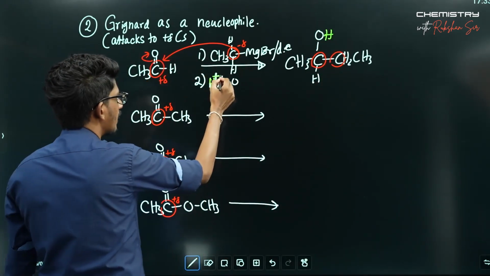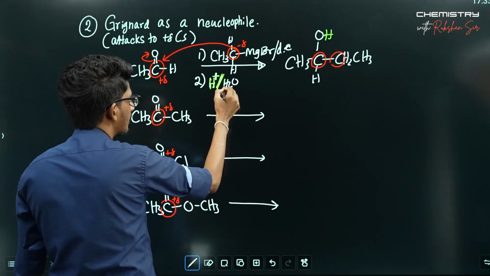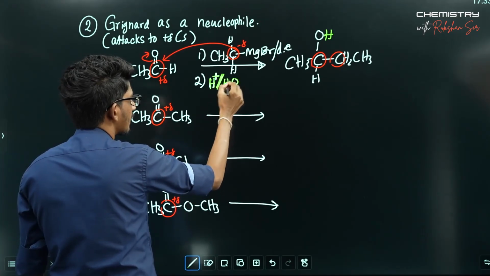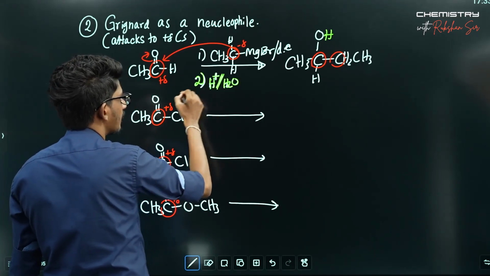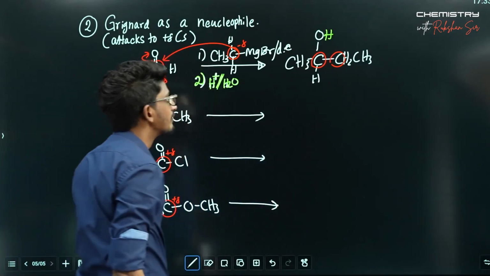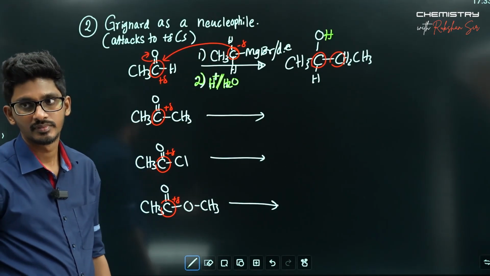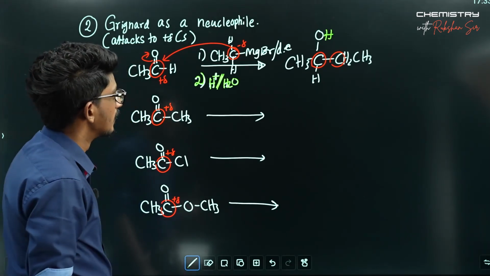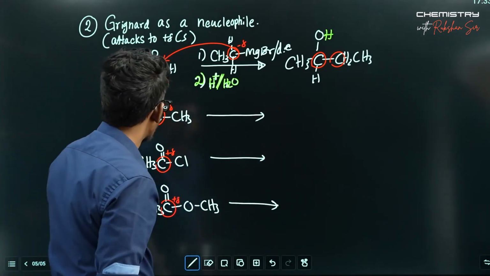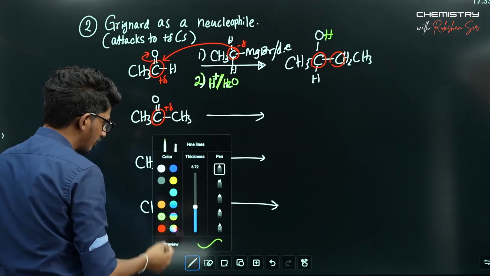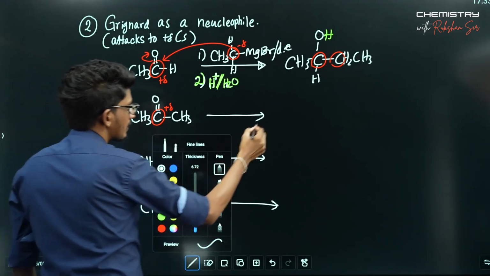So only if you do this hydrolysis part will you produce the alcohol. If not, it is the alkoxide that the Grignard will produce. With these compounds as well, the same kind of process happens.